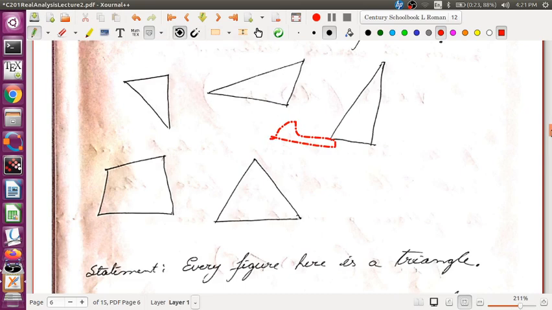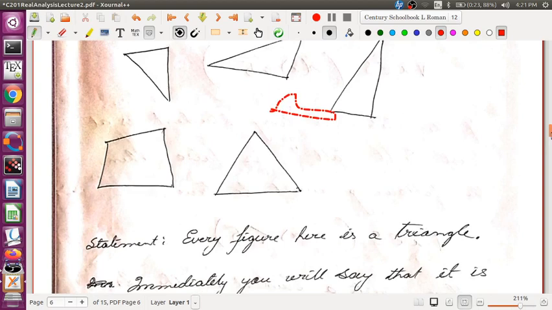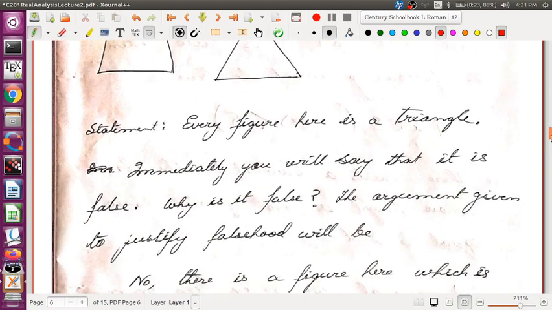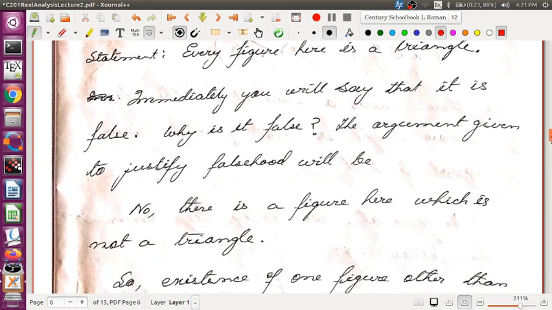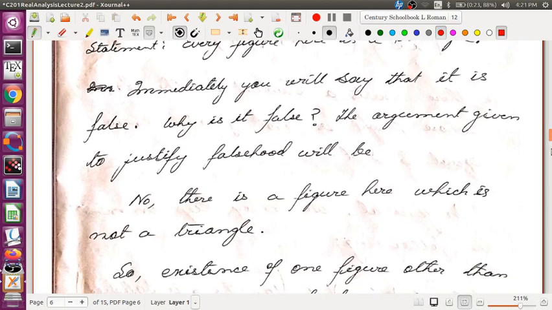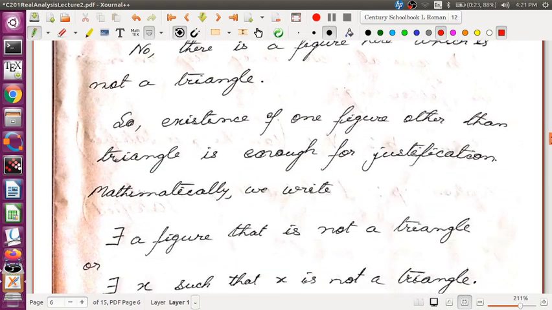At least one figure is there which is not a triangle. That is the thing. So immediately you will say that it is false. Why is it false? The argument given to justify falsehood will be: there is a figure here which is not a triangle. So the existence of one figure other than a triangle is enough for justification.